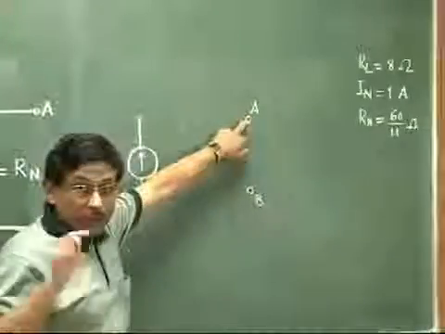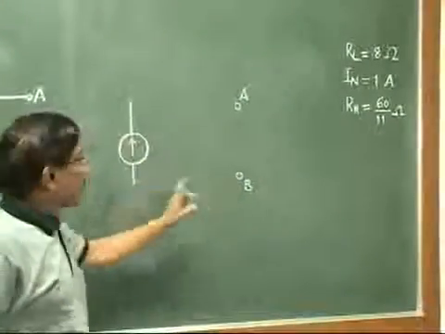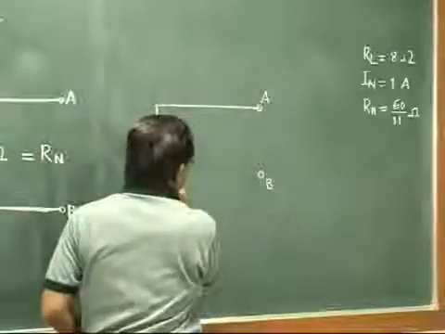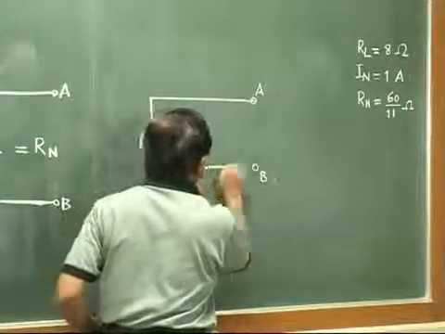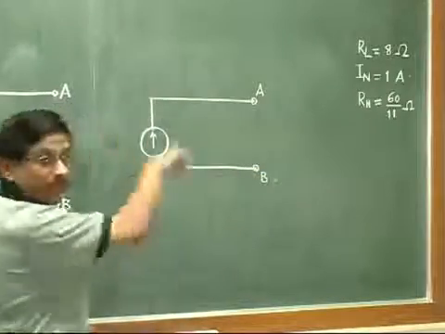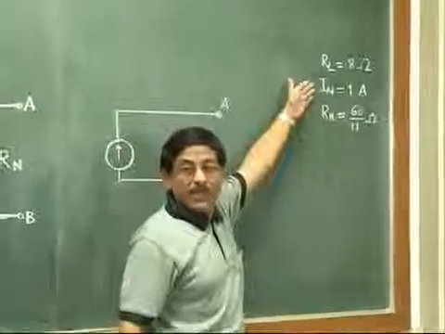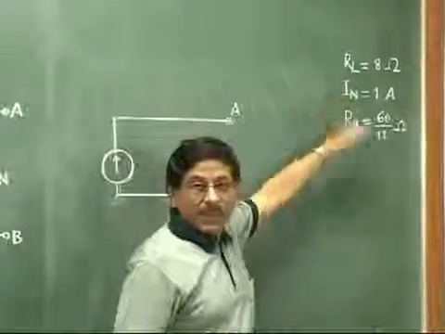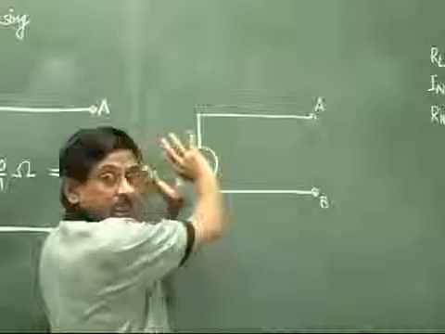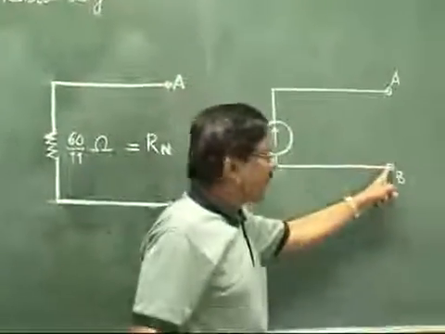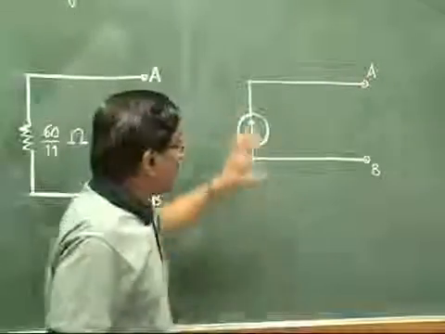Now our point A we have shown here, B we have shown here. So if we connect it in this fashion, then only the current will be flowing from A to B. Otherwise, if you had got this answer as negative, that would mean you would have connected the source in opposite polarity, with this arrow downwards, so that the current would flow from B to A. That is the thing.